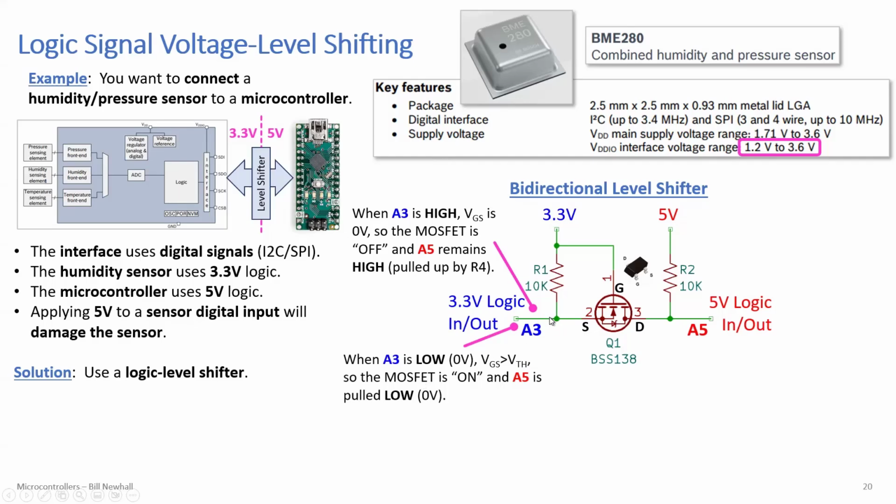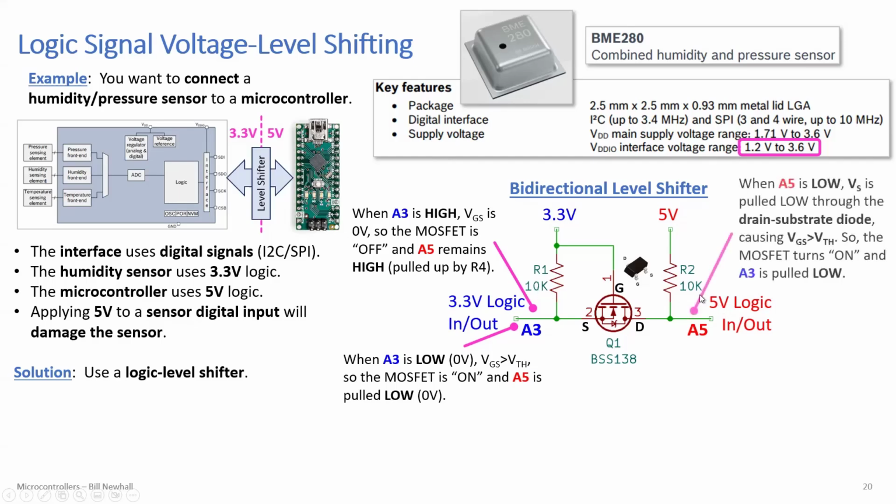So now A3 is low, 0 volts at source, and you have 3.3 at the gate. That's turning on the MOSFET. And what that does is it pulls pin A5 low. So it connects A5 to A3, which is low, it's ground. So you've just shifted the 3.3 volts or 0 volts on the left to the proper logic levels on the right.